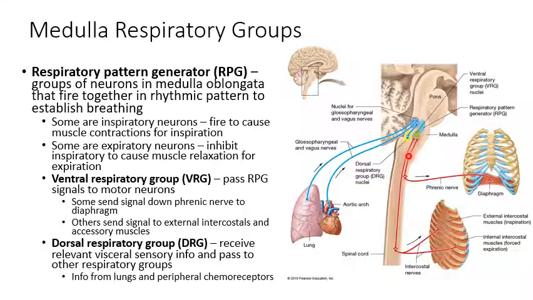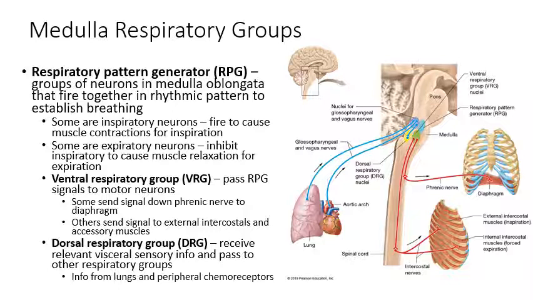So it connects to these motor neurons that travel into the spinal cord and hook up with lower motor neurons, somatic lower motor neurons that are going to the diaphragm along the phrenic nerve and to the external intercostal muscles along the intercostal nerves. So the output of the respiratory pattern generator is actually carried to the muscles of inspiration by the ventral respiratory group neurons.